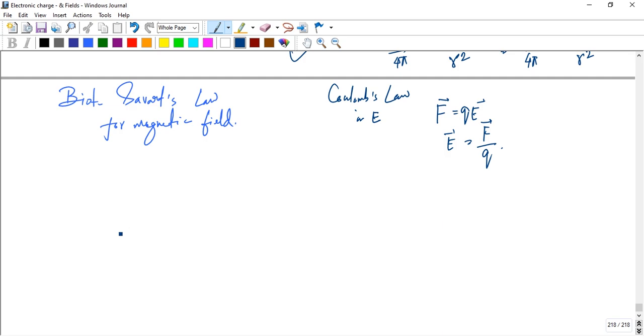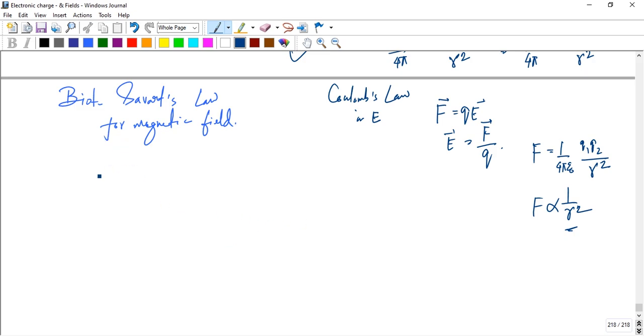Now both depend on the inverse square, because F equals some constant 1 over 4 pi epsilon naught, Q1 Q2 by R square. So F is inverse square of their separation, the distance.